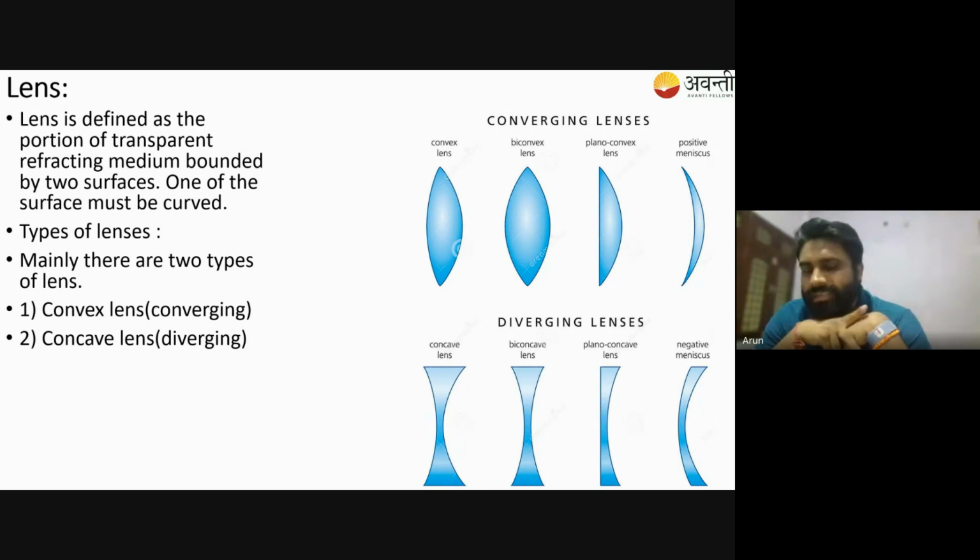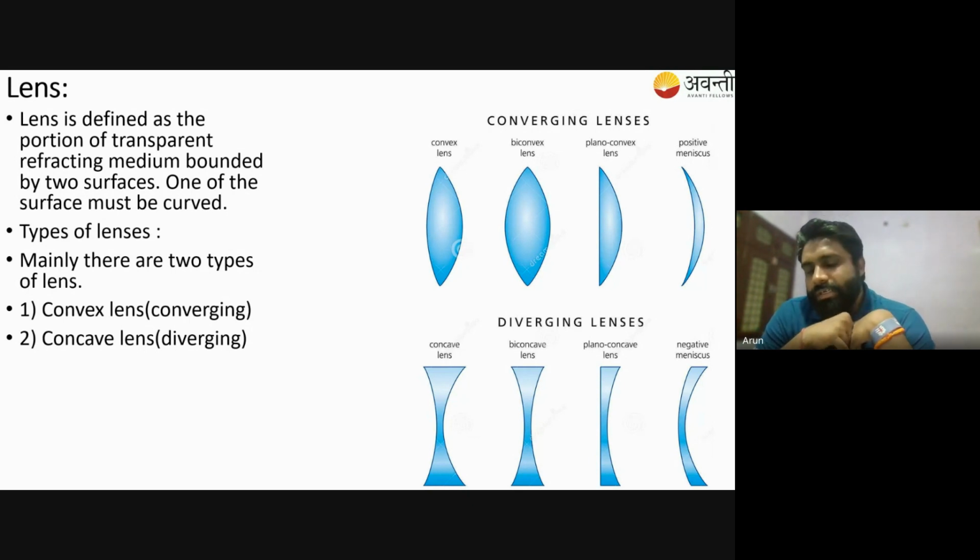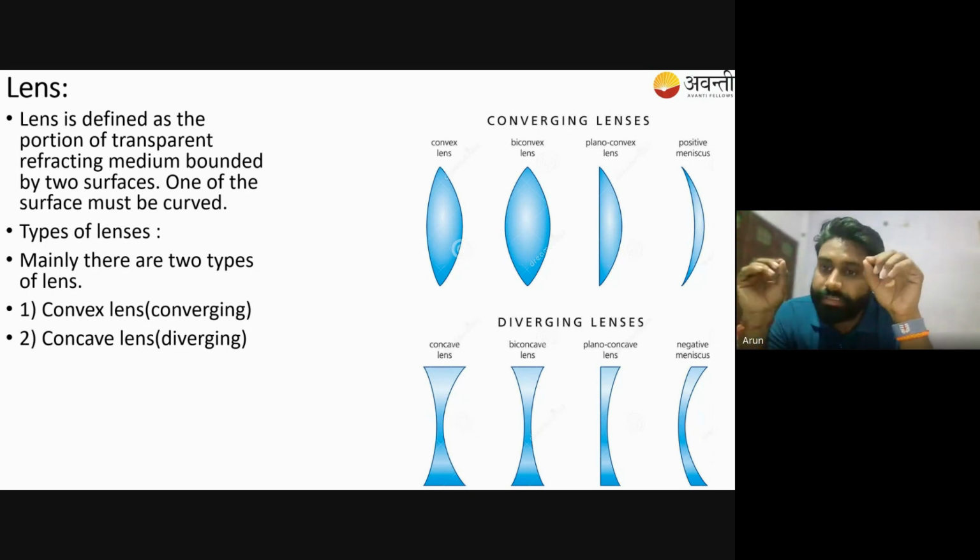Now what is a lens? A lens is a homogeneous, solid, transparent medium bounded by two surfaces. The condition for a transparent medium to be a lens is that one of its surfaces should be curved.